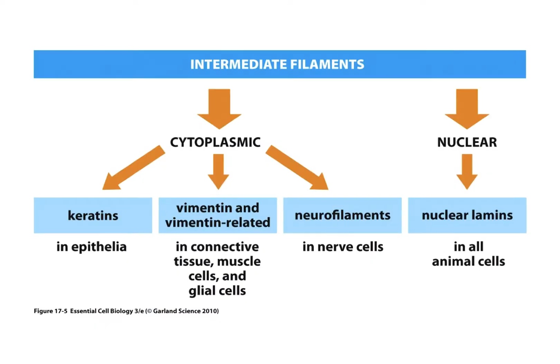The next set of cytoskeletal elements, which are slightly larger than the actin filaments, are intermediate filaments, and those include keratins, which produce the internal structure for those epithelial cells, vimentin and related cytoskeletal elements found in connective tissue, muscle cells, and glial cells to push those into their shapes, and neurofilaments in nerve cells, and some of those can be quite long, of course, and then nuclear lamins in the nucleus, and those form the structure for the nucleus itself.